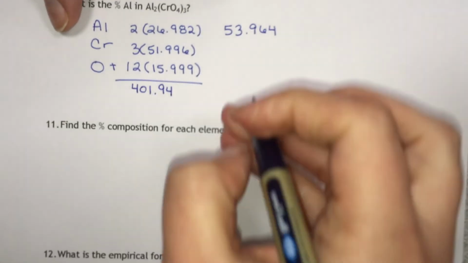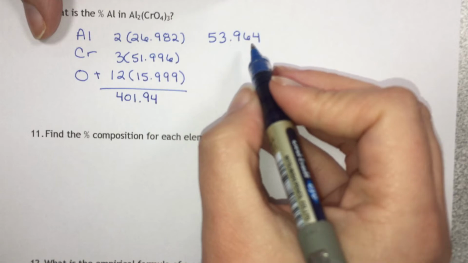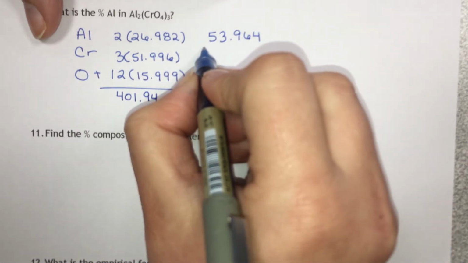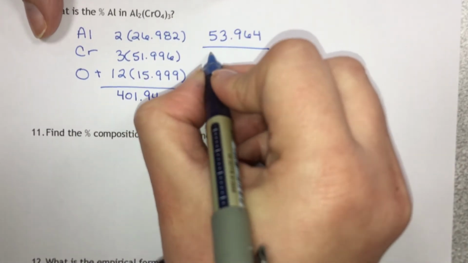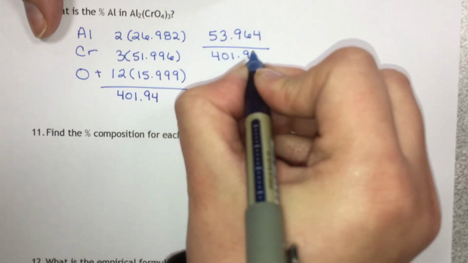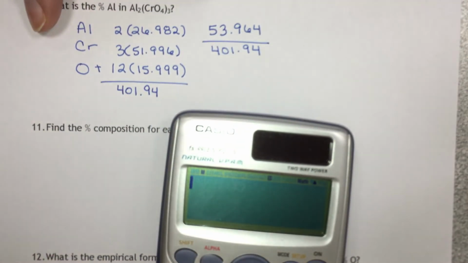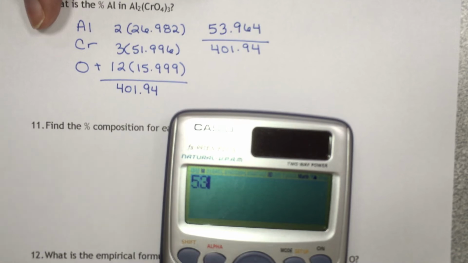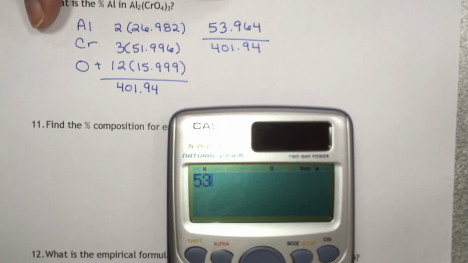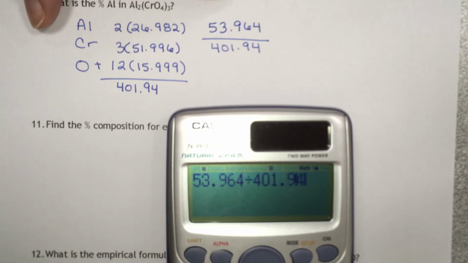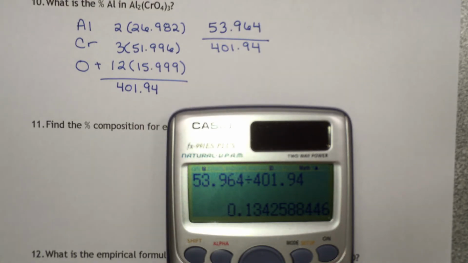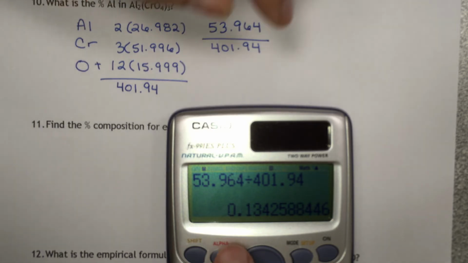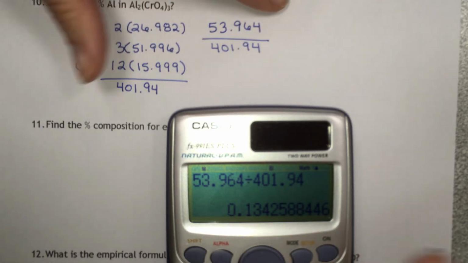So now all we have to do is take 53.964 divided by 401.94. So we have 0.13425 whatever.